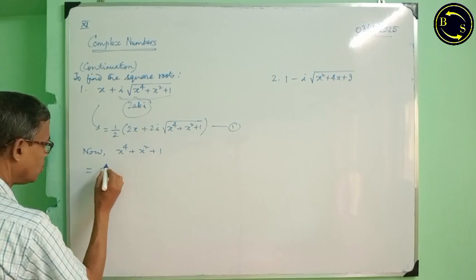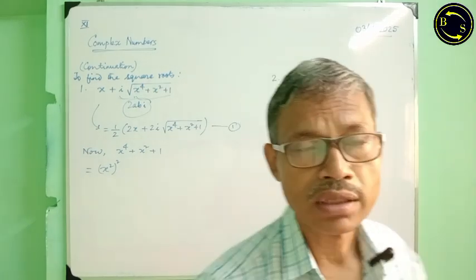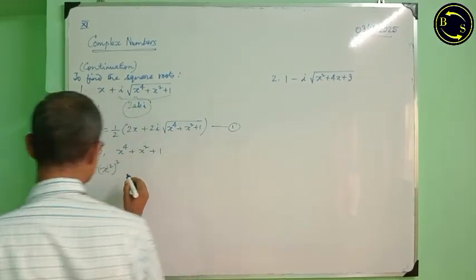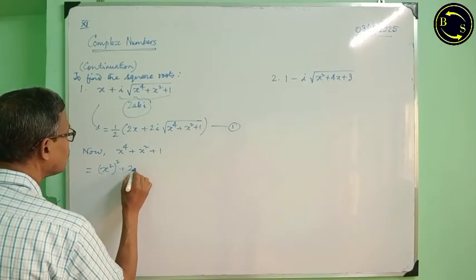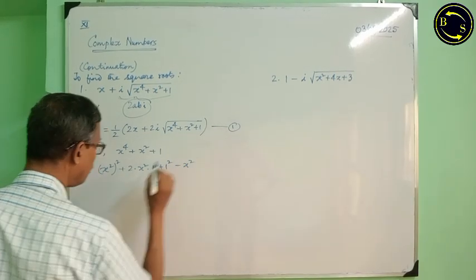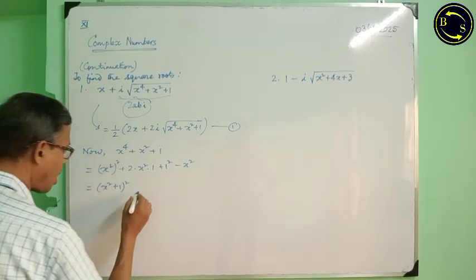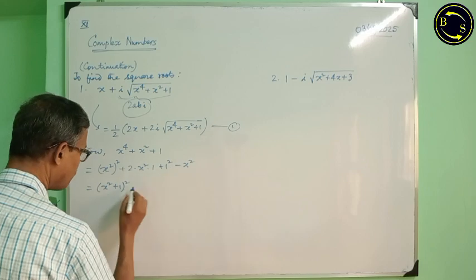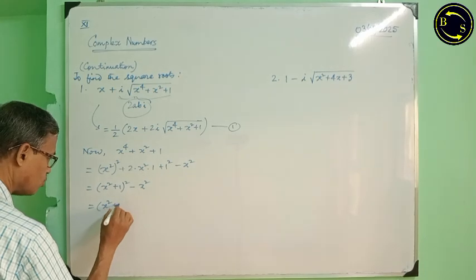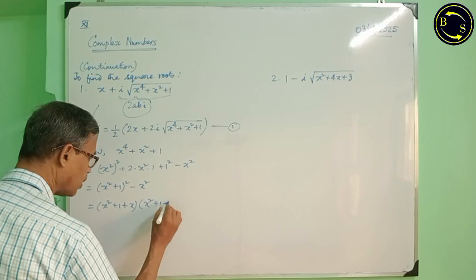You recall this can be expressed a square plus 2ab plus b square. Then the middle term is to be adjusted. That means x square plus 1 whole square minus x square, x square plus 1 plus x into x square plus 1 minus x.